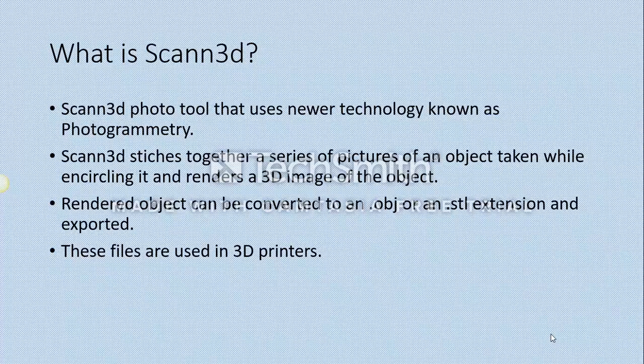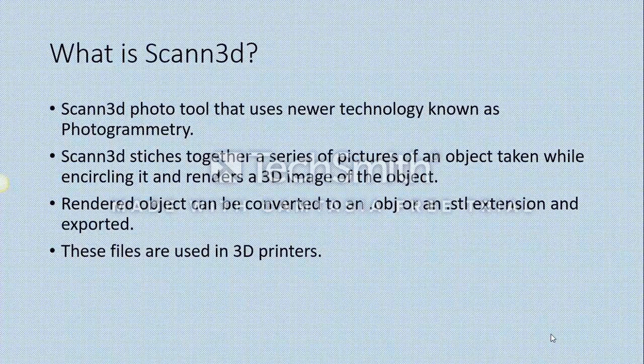So Scan uses a new science in photography called photogrammetry. What this is, it takes a bunch of pictures that you take of an object while circling it, and then it stitches these pictures together and renders a 3D image of that object.